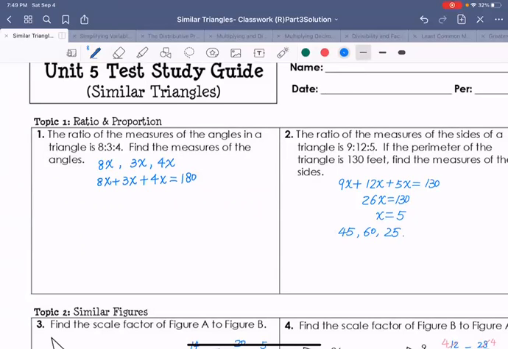Next. So 15x equals 180. Okay. X equals? 12. That's beautiful. So the first angle is?